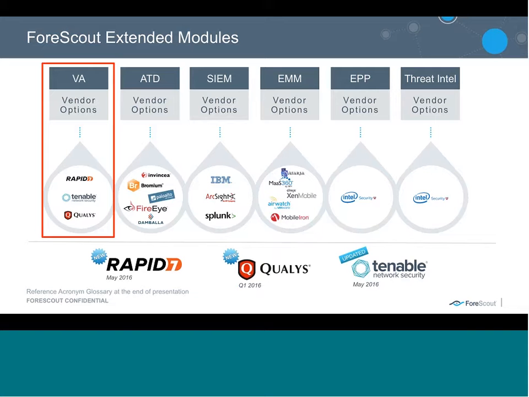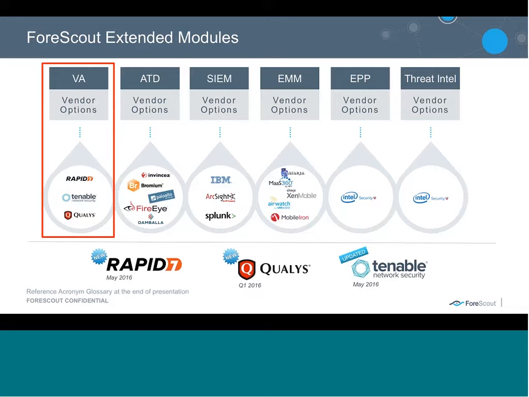And the other thing to know about the extended modules is that they are no longer sold as bundles like we did in the past. They're now sold and licensed individually, so you don't have to worry about selling 3 when the customer only wants 1. Now they're available individually and licensed individually.